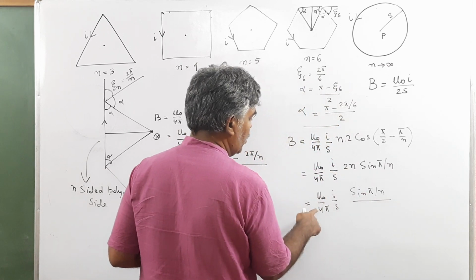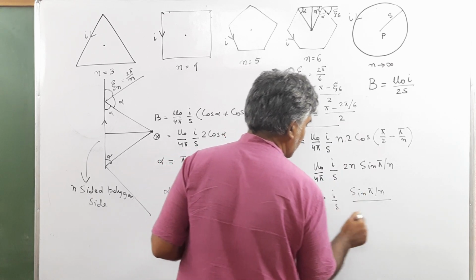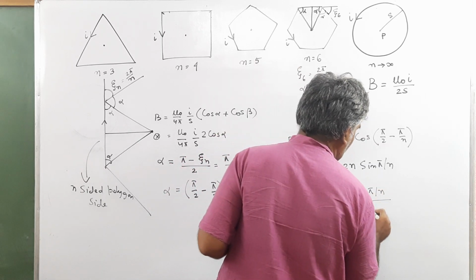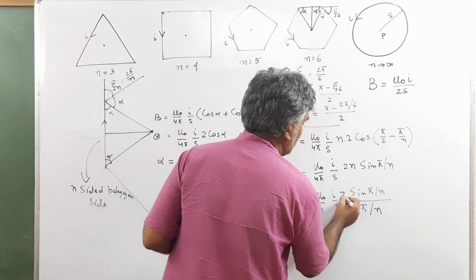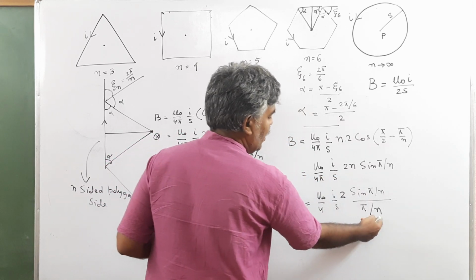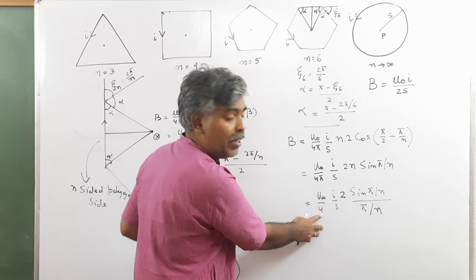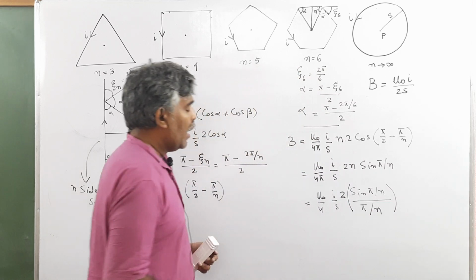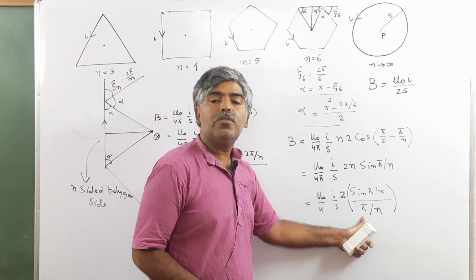You bring this pi here, so remove this pi here and bring it into the denominator, and this n you divide by n, fine, and you keep the 2 here. See, this n, if you bring it up, it comes here, and this pi I have taken from here. It's very simple. Now what I need to do is make this n tend to infinity.